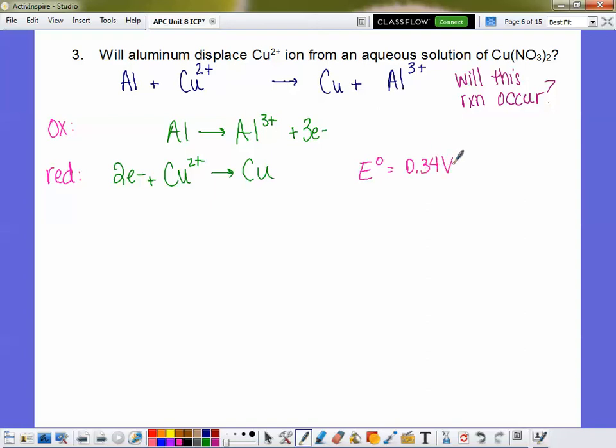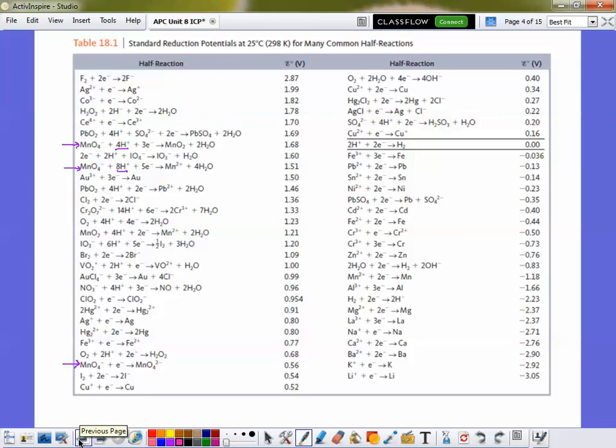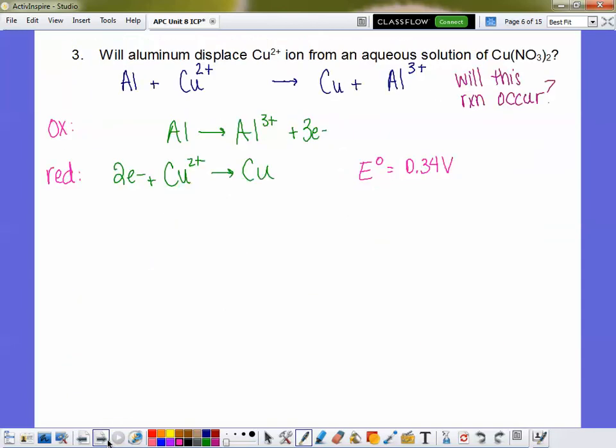0.34 volts. Now, if you try to find the aluminum one, we don't have the equation of aluminum to aluminum 3+ because this equation here is oxidation, and the chart are all reduction potentials.